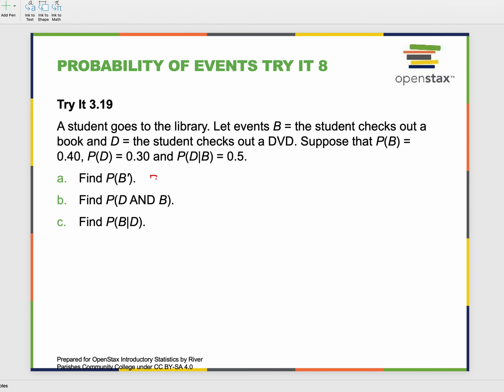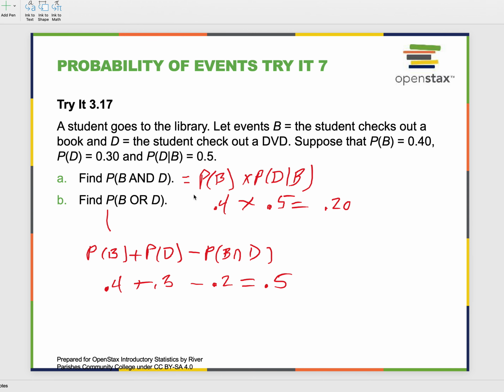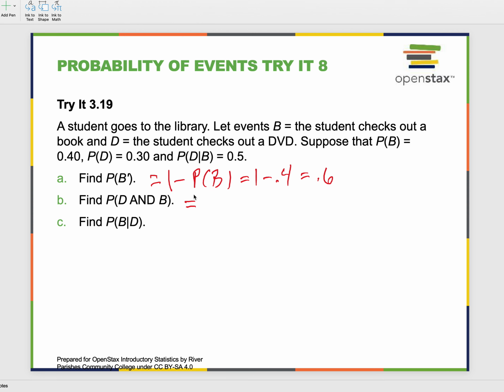Well, it's 1 minus the probability of B, which equals 1 minus 0.4. This equals 0.6, or 60%. The probability of D and B, did we not do that already? Isn't that 0.2 from last time?